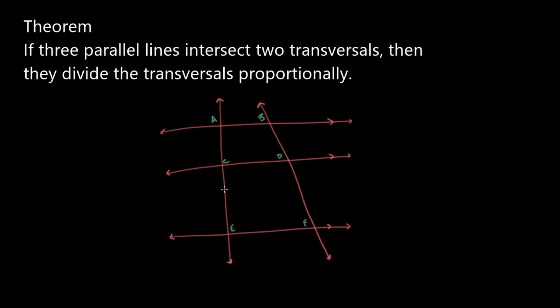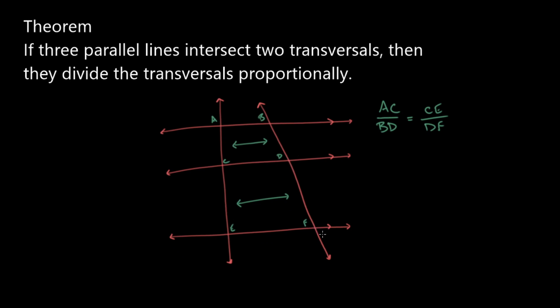DF is going to be longer than CE in the same proportion that BD is to AC. So let me go ahead and write that out. AC is to BD in the same way that CE is to DF. Okay, so these portions are proportional to each other. These ratios have the same value.